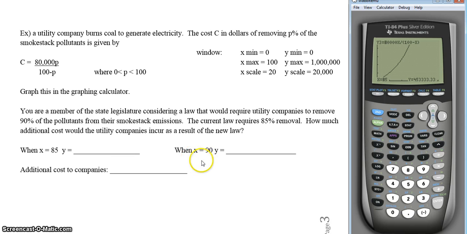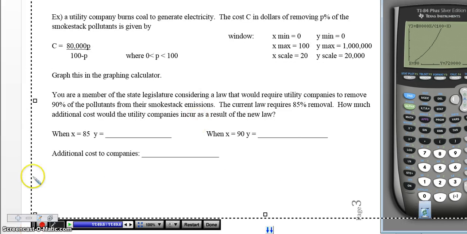What is it going to cost if I increase it to 90%? So let's go back to second calculate, go to the value, change that to 90, for an x value of 90, and hit enter. We'll notice that it's going to cost $720,000. So let's figure out what the additional cost to the companies would be.